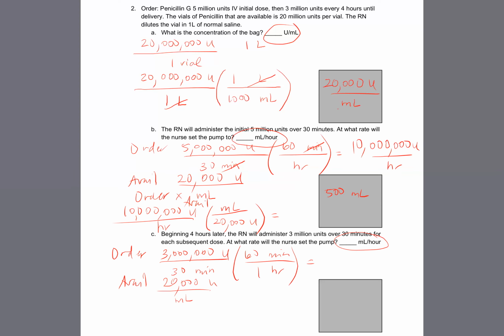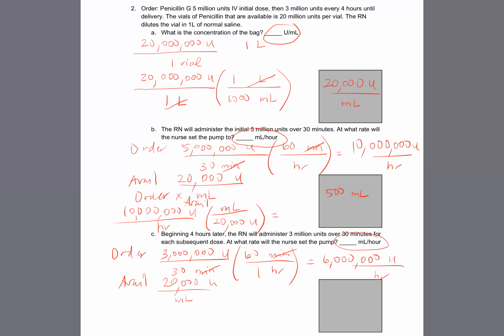And 3 million times 60 divided by 30 is 6 million units per hour, because your minute units cancel.